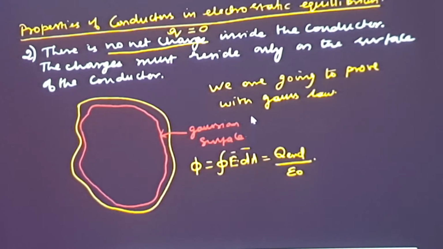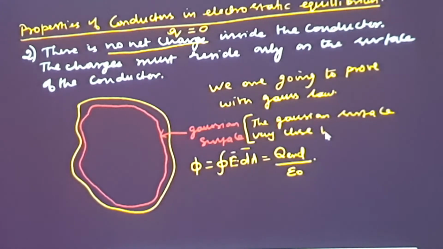When I am considering this Gaussian surface, it is very close to the surface of the conductor. Why are we considering it very close to the surface?